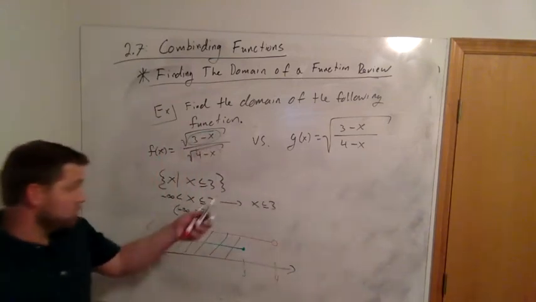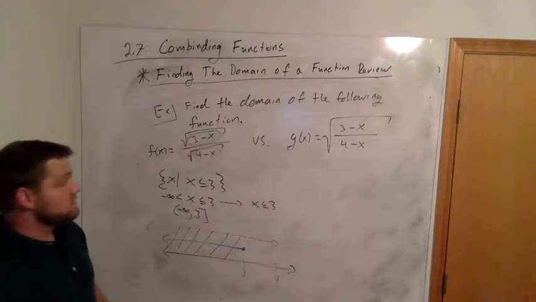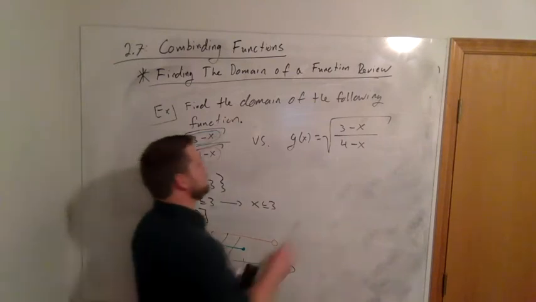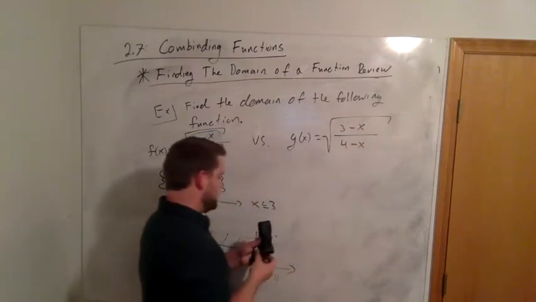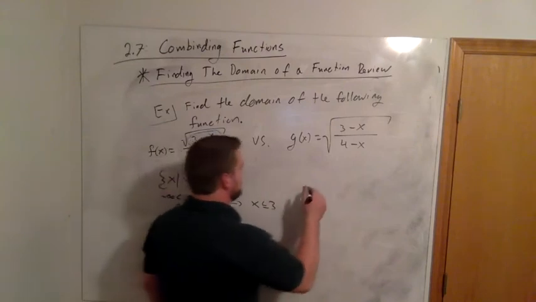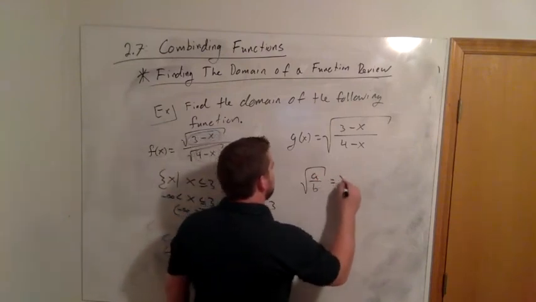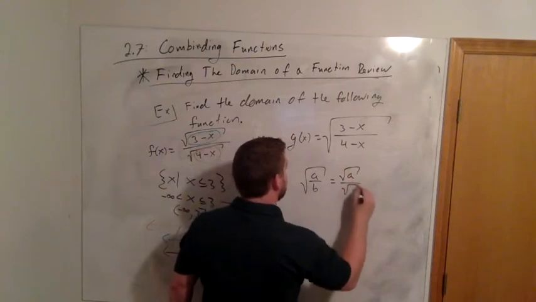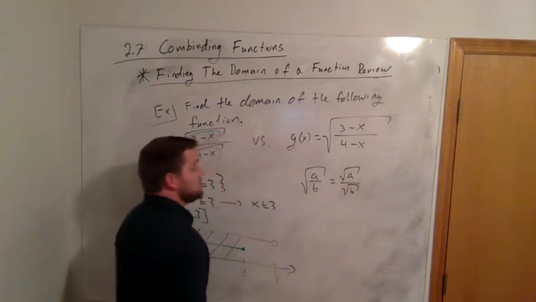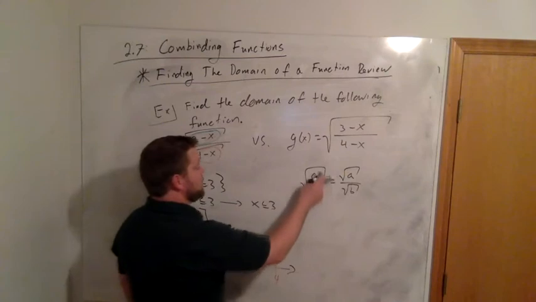Now, what we need to be careful about in this other example is distributing square roots. In general, the square root of a over b is equal to the square root of a over the square root of b. You can do this provided that both a and b are positive.